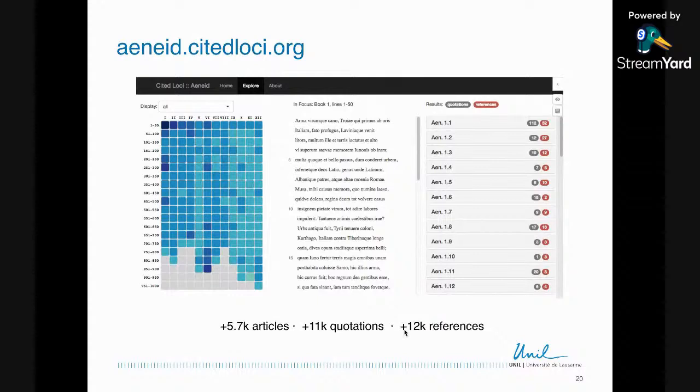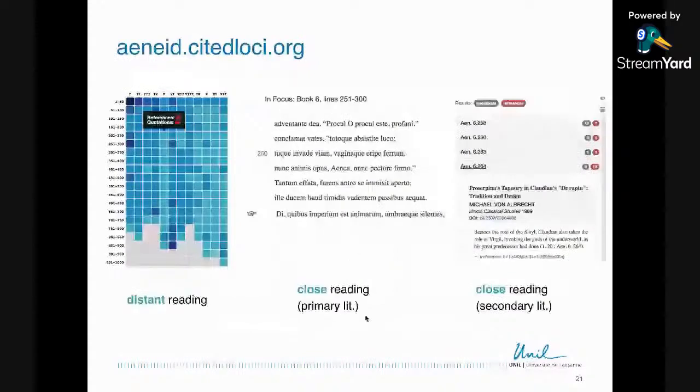Based on which portion of the text you select, you then get a close reading panel of the literature. For example, in this slide, I was reading a certain number of lines of book 6, starting from this heat map to select the section of the text. The interface then shows you on the right articles from Jstor where this section of the N8 is either cited or quoted.